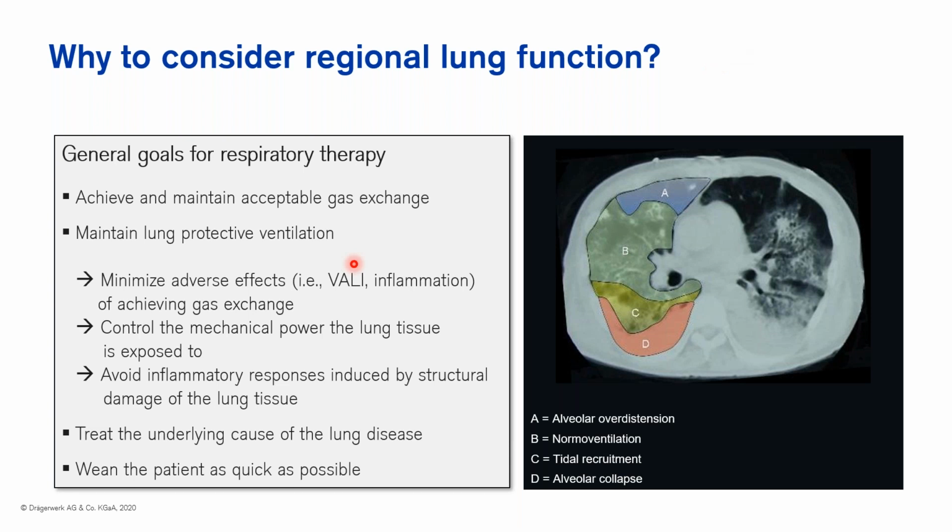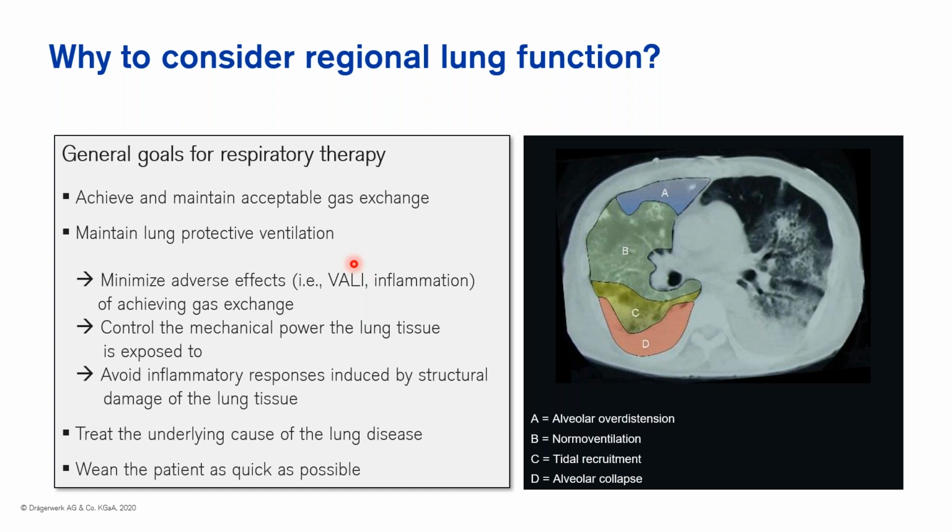First of all, we would like to achieve and maintain acceptable gas exchange. At the end of the day, we need to ensure correct oxygenation and appropriate CO2 washout. But at the same time, we would like to maintain lung protective ventilation and minimize the adverse effects of achieving this gas exchange.